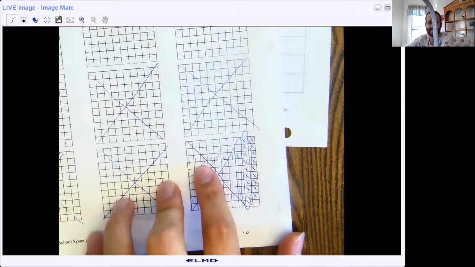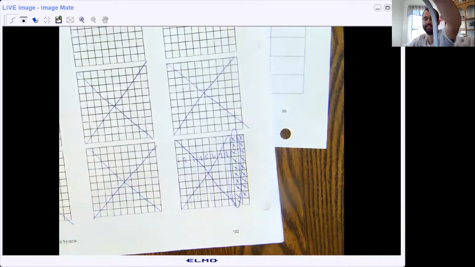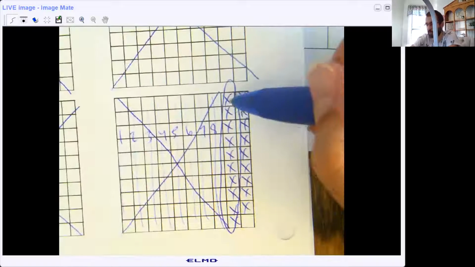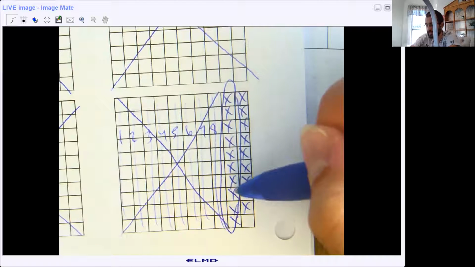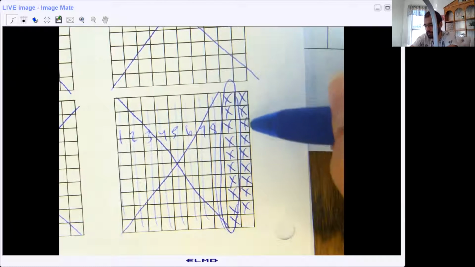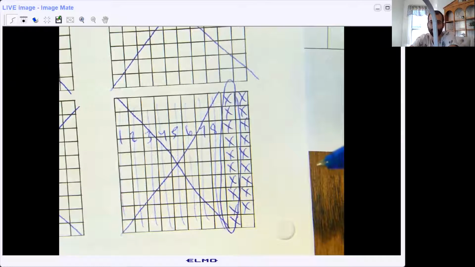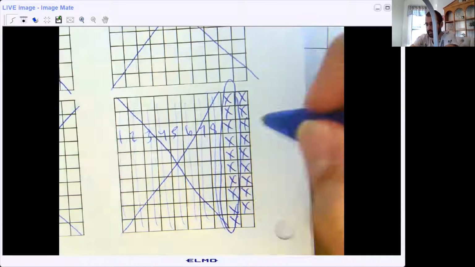And I'm crossing out 19 units. 19 units. So let me zoom in. 1, 2, 3, 4, 5, 6, 7, 8, 9, 10, 11, 12, 13, 14, 15, 16, 17, 18, 19. Notice what happens again.